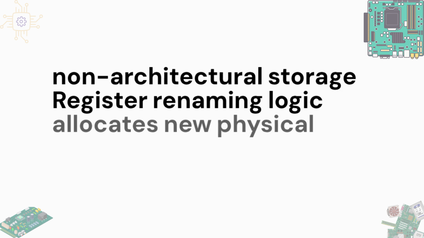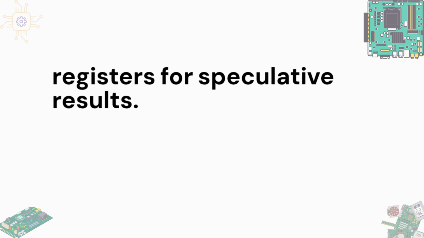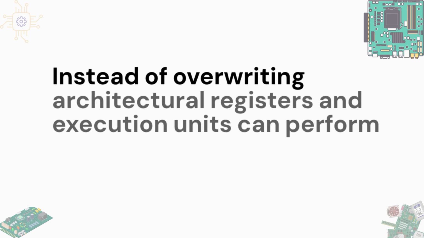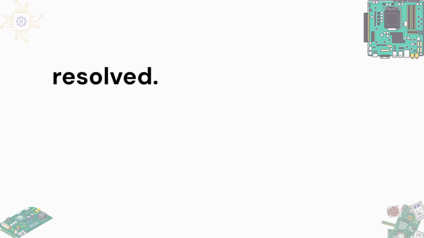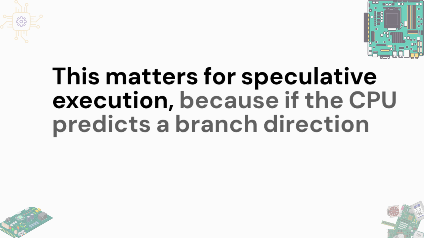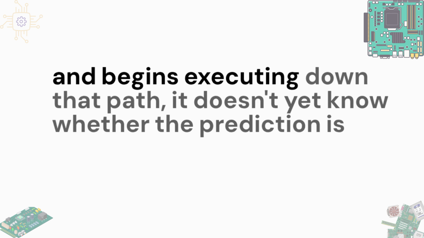Register renaming logic allocates new physical registers for speculative results instead of overwriting architectural registers, and execution units can perform calculations and store the results in these temporary registers until a branch is resolved. This matters for speculative execution because if the CPU predicts a branch direction and begins executing down that path, it doesn't yet know whether the prediction is correct.